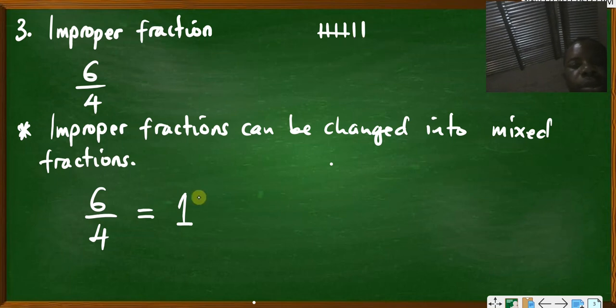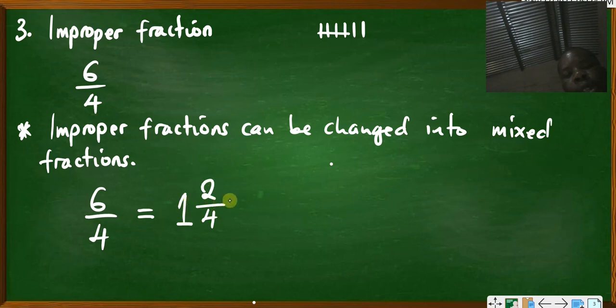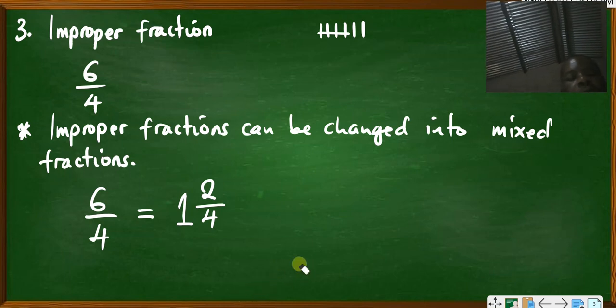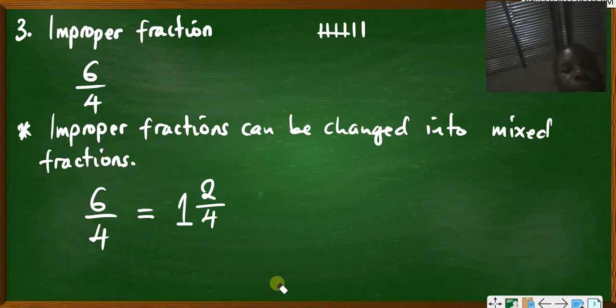Remember what? 2. Okay, that's what we do. Then you say over 4 again. Okay, like that. So this has been changed into this. Okay, that's how we change improper fractions into mixed fractions. So it's very important that you know this.